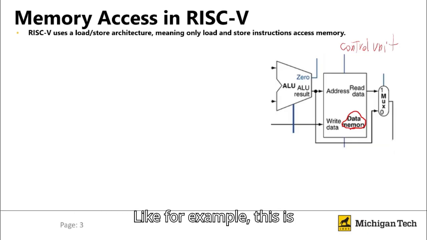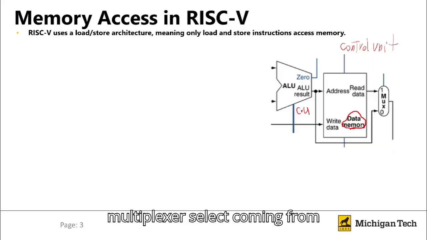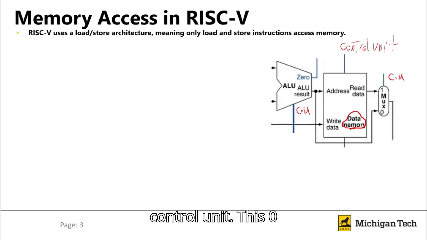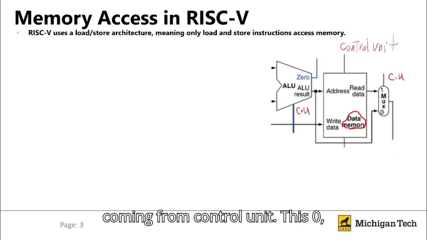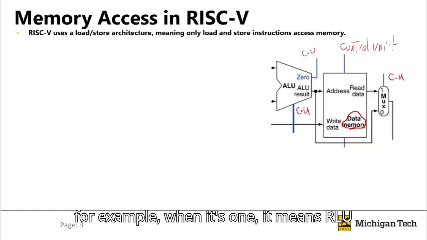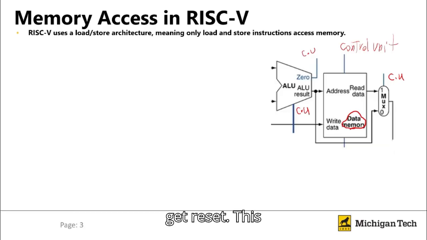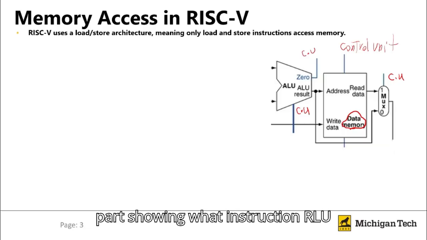For example, this is the control connected to the ALU, coming from the control unit. This multiplexer select comes from the control unit. This zero comes from the control unit. This zero, for example, when it's 1, means the ALU gets reset. This part shows what operation the ALU is doing.